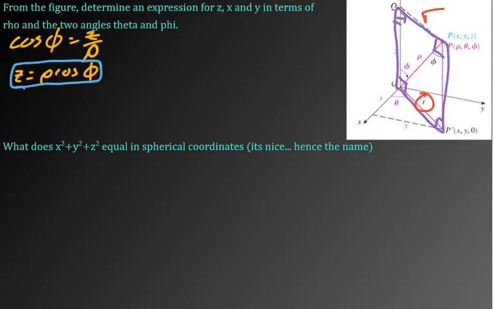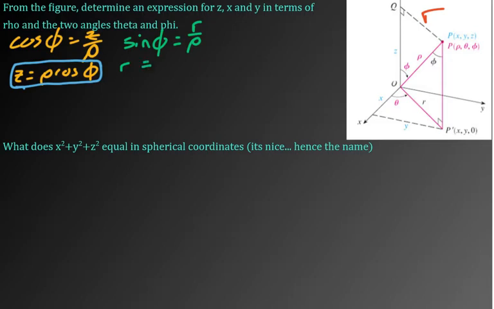So if I use this triangle up here again, I can take the sine of phi this time and see that sine of phi equals r over rho, or r equals rho sine phi.